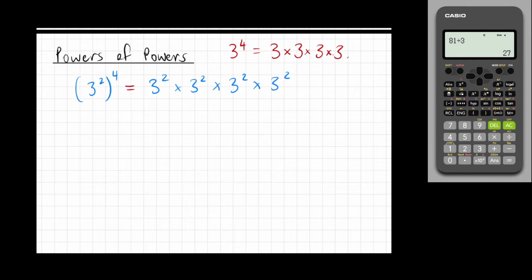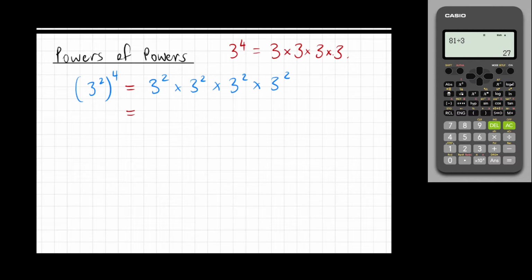Now, when you've done this, you can simplify it using our index laws. Remember our multiplication laws say, if you're ever multiplying indices with the same base, just add up the powers.